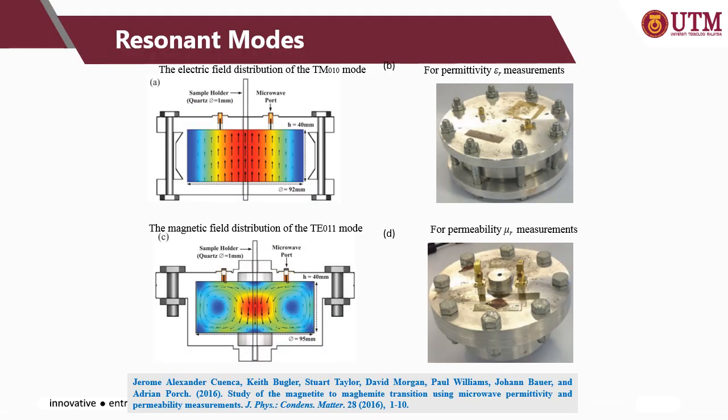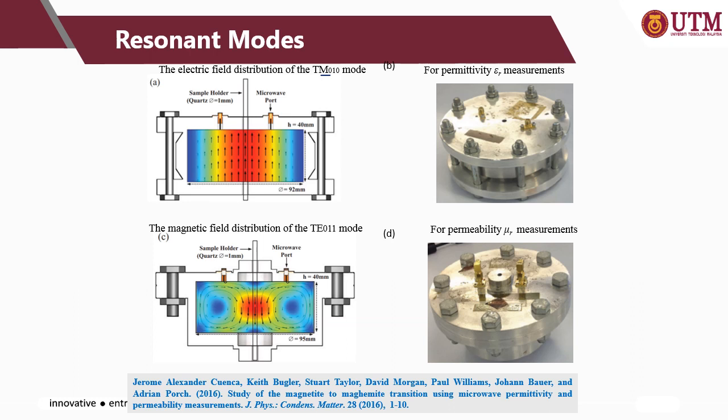And okay, as mentioned earlier, the resonant mode basically controls how the signal travels. It determines how the signals travel across the structure. For example, TM010, this is where the magnetic field is the dominant field across the structure.